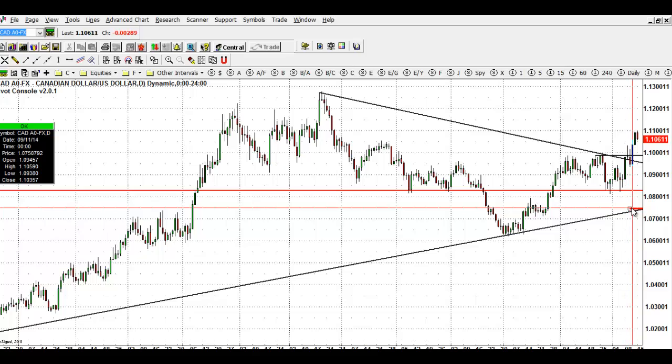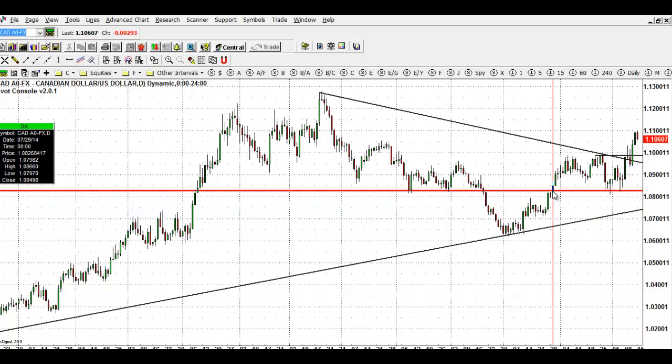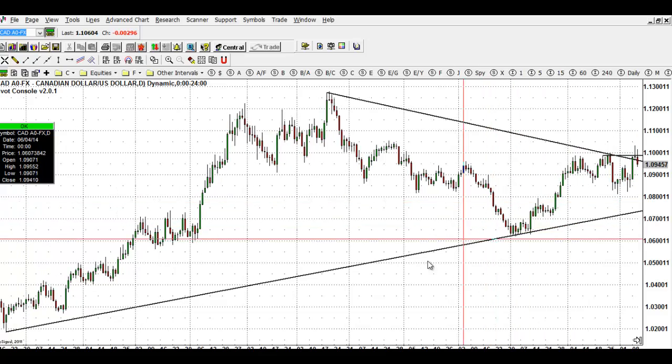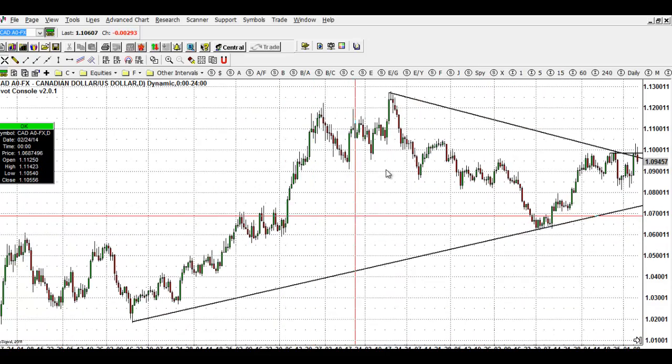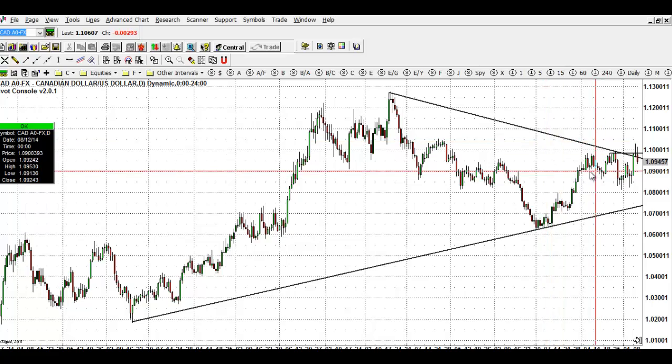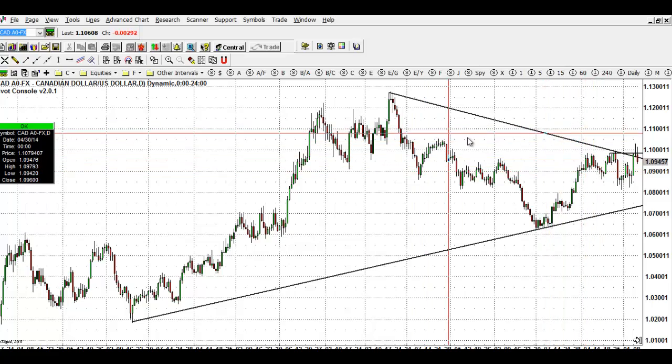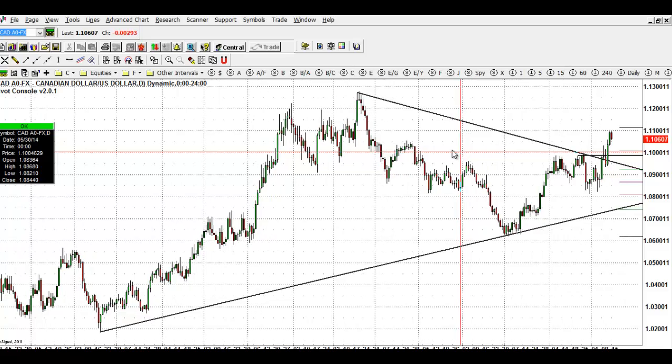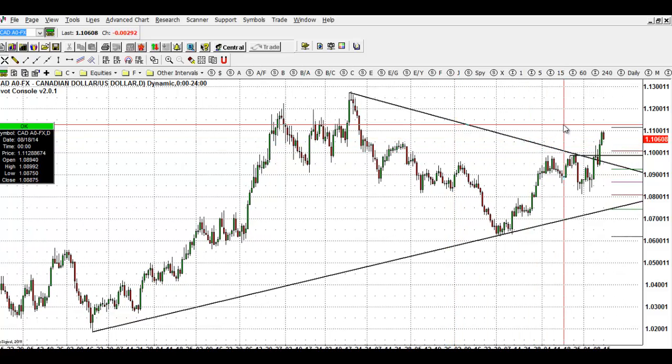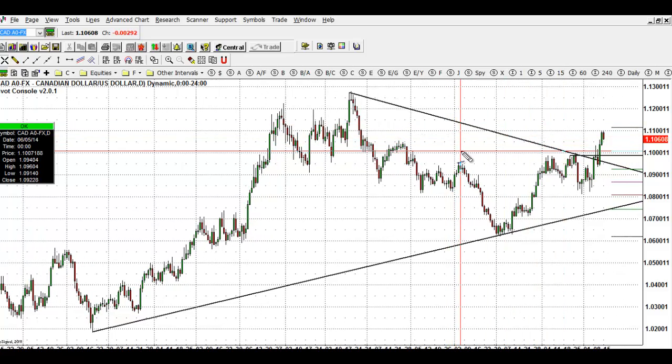I have lines all over my charts. I was doing some work previously on these pairs. Okay, so we can see that the market broke out of a slight triangle here in the Canadian dollar, broke to the upside. But curiously, if you notice, there's a head and shoulders pattern here.